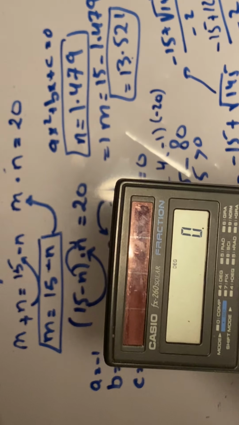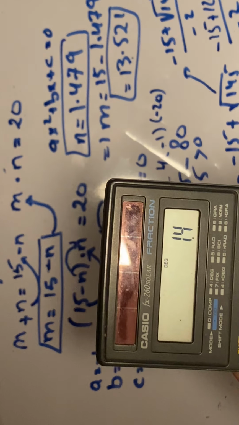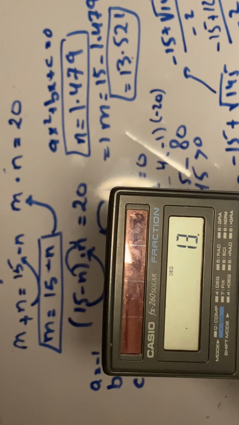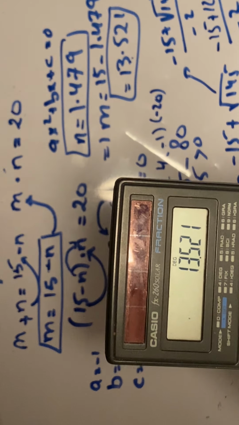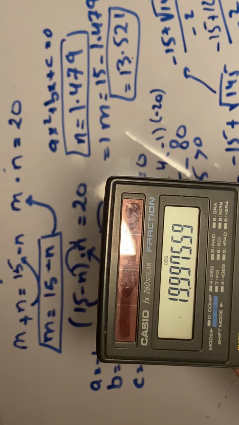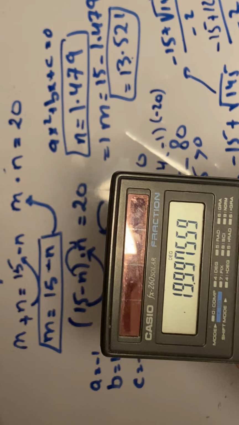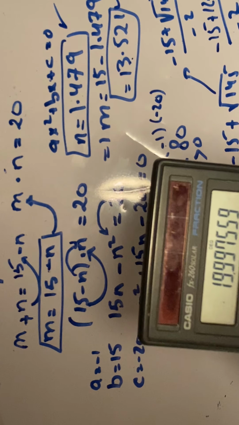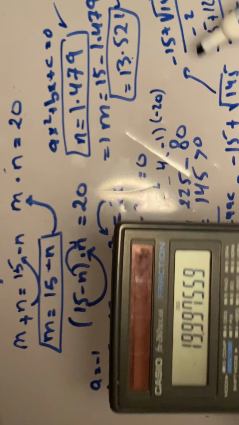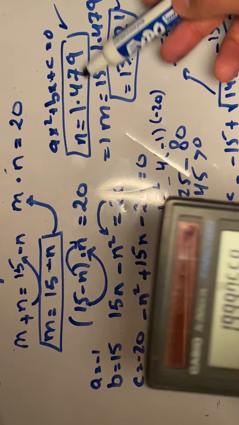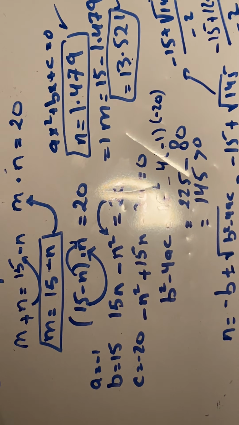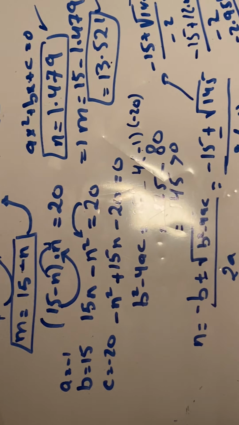Let's multiply them. 1.479 times 13.521 is 19.997, so approximately 20. So check. Now we found two numbers. Technically we don't need to find the other values, because the question says find two numbers, and we found two numbers. We do not need to do the other values of them.